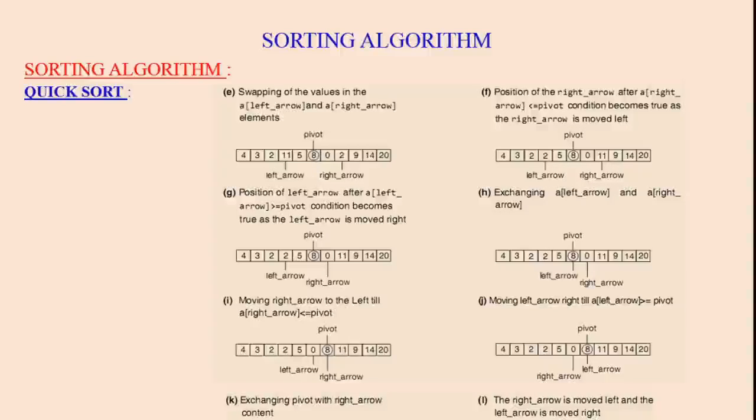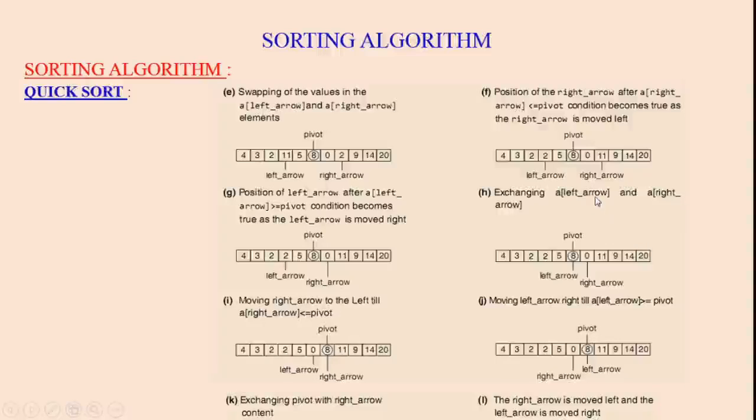Then if the condition A right arrow equals the pivot becomes true, the right arrow is moved to the left position. Then if the condition A left arrow equals the pivot becomes true, the left arrow is moved to the right position.